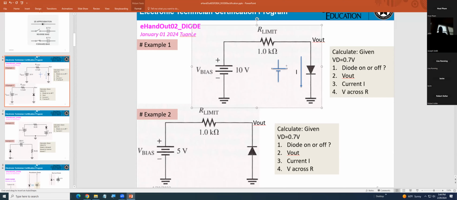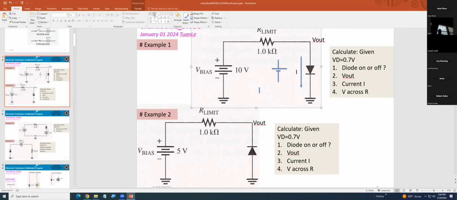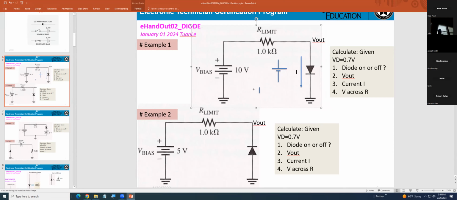So when they are on, there'll be a lot of problems here. Positive, and the value will be 0.7 volt.